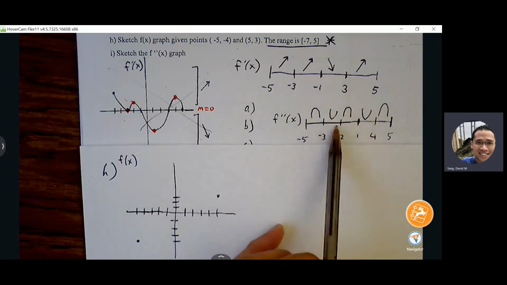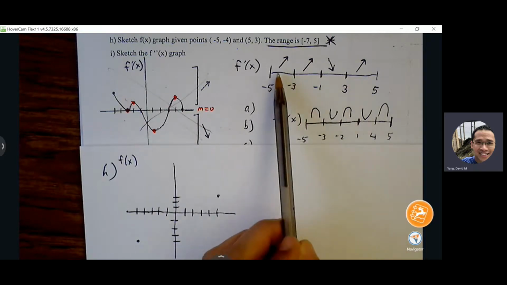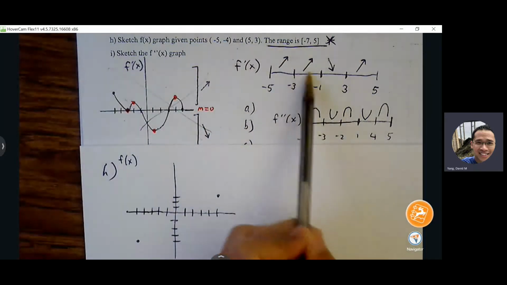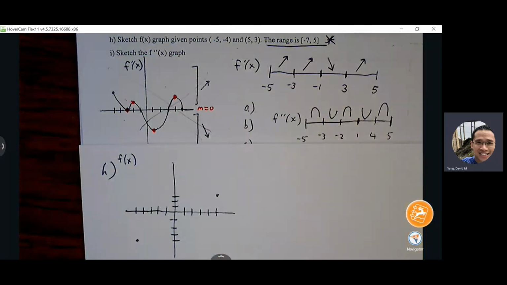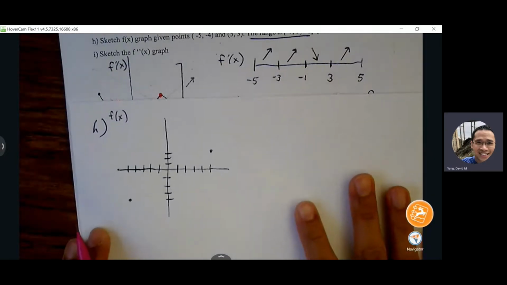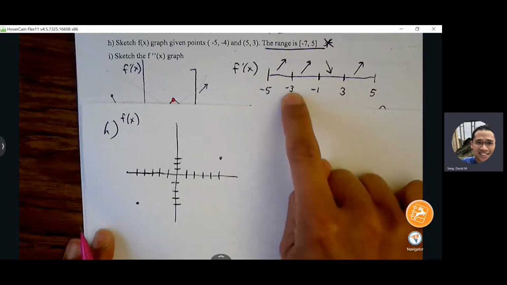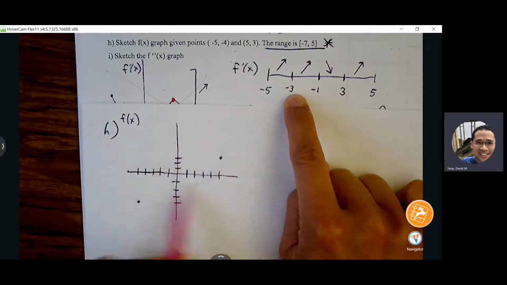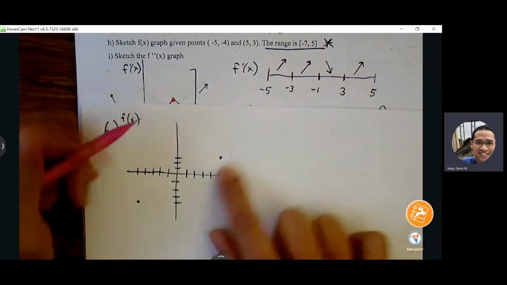Okay. But now let's just go to our first draft of our graph, right? We don't want to try to do too much at one time. Let's just sketch the graph. Again, you're just relying on this here. Okay. So I'll use pencil here as a way of giving myself a draft. So I know that I'm going to be rising until some point at -3. I don't know where that -3 is, but I know it's going to be somewhere in between.